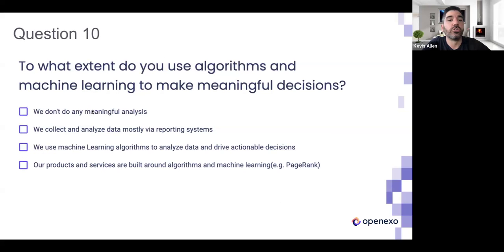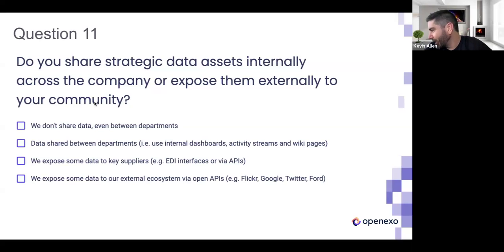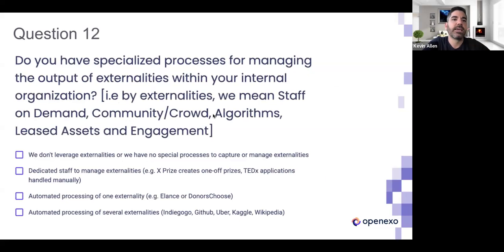We then go to what extent do you use algorithms and machine learning to make meaningful decisions? So obviously, when the EXQ first came out, AI was not where it is today. So perhaps more people might be leveraging algorithms these days.